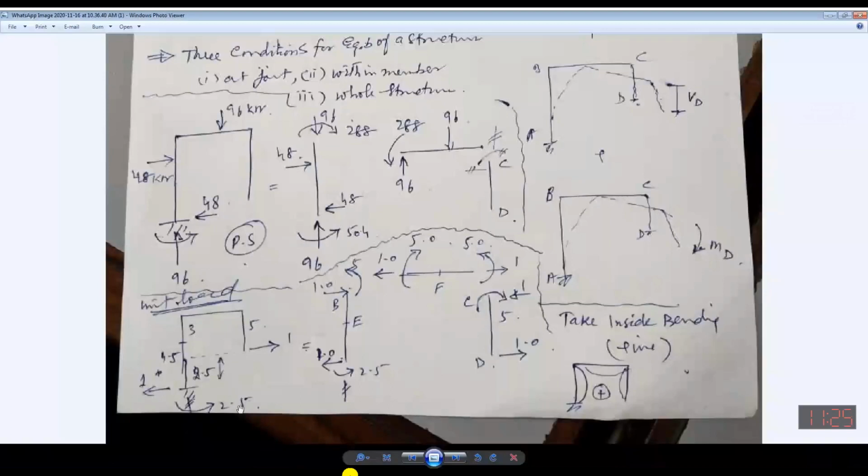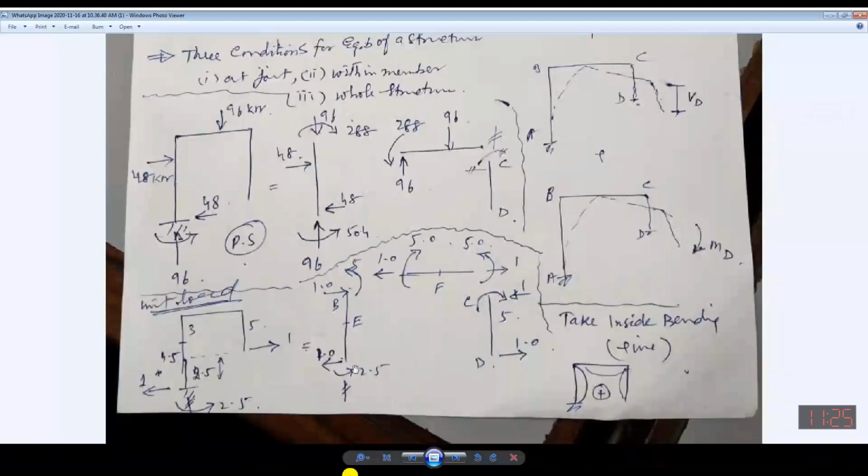And if I talk about the different segments of this structure, you can take this segment in isolation. So it is 1 or 2.5, this is in this direction, and it should have been in this direction.